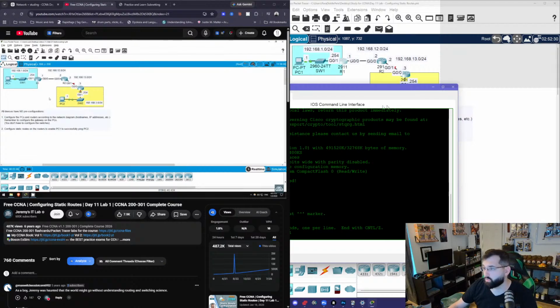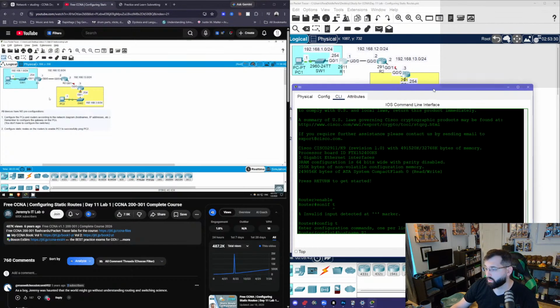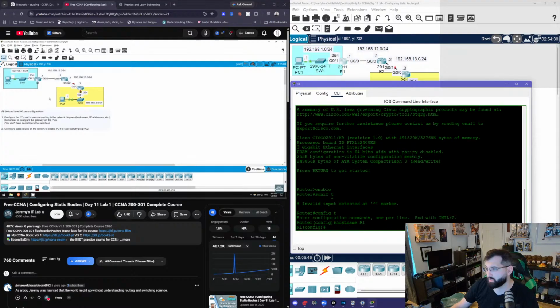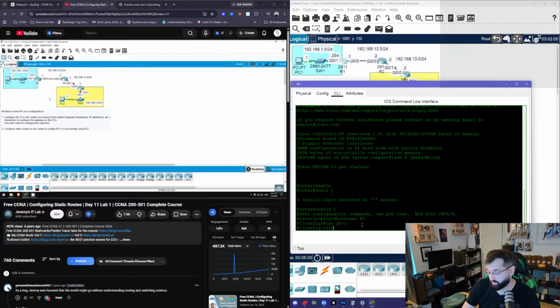Then let's look and see what the IP is supposed to be. So we want to go G0/1. Okay, that's where we're in. IP address 192.168.1.254.